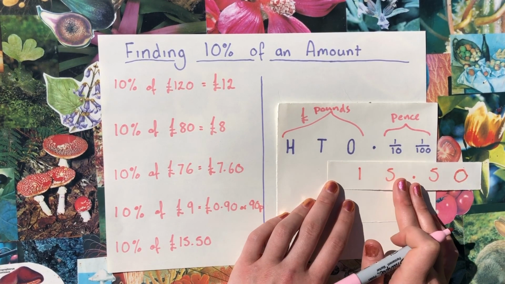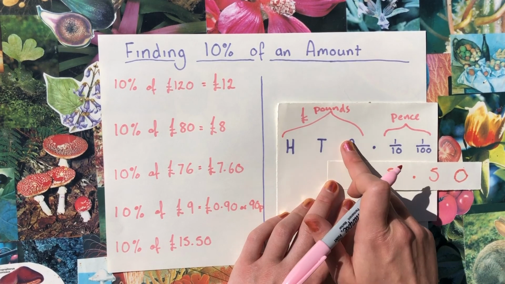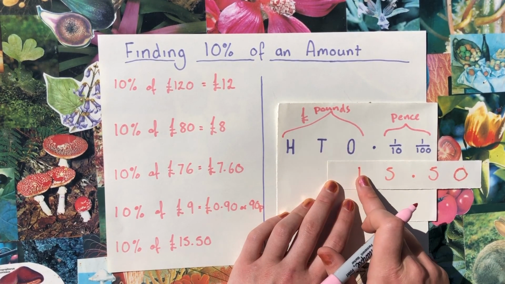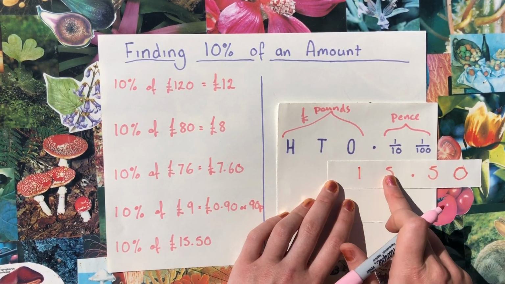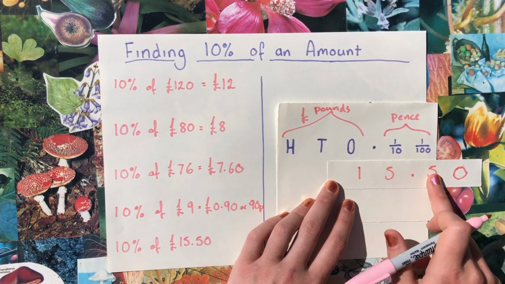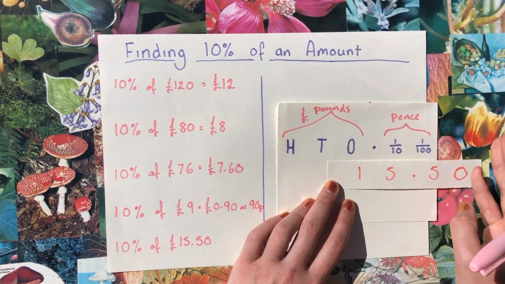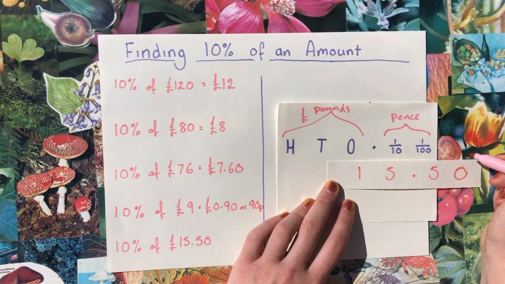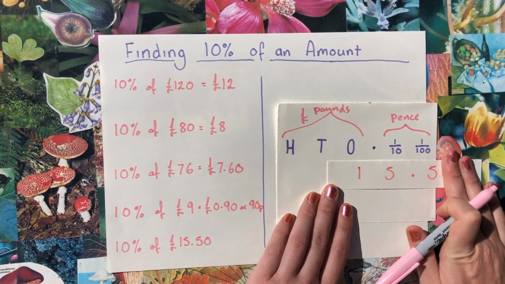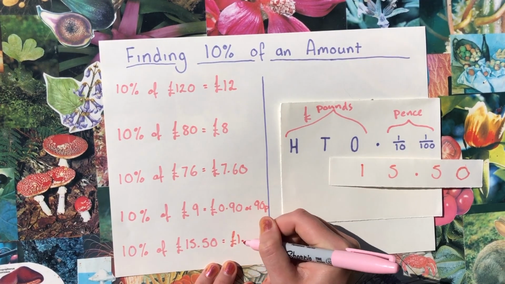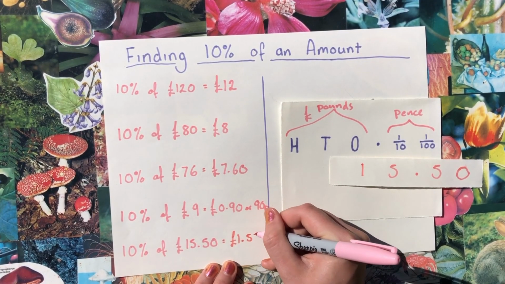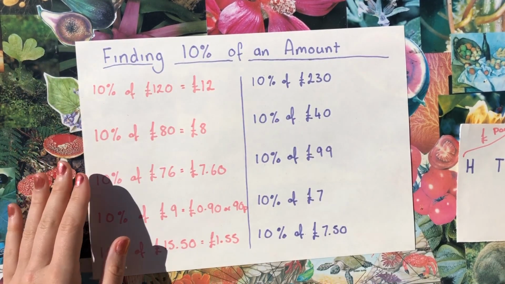And now I'm gonna end up with 1 in the ones column, a 5 in the tenths column, and a 5 in the hundredths column. The 0 goes over the edge here into the thousandths column, which we're not interested in for money, but that's fine because it's a 0. So that will be £1.55. Okay, so here are some questions for you.